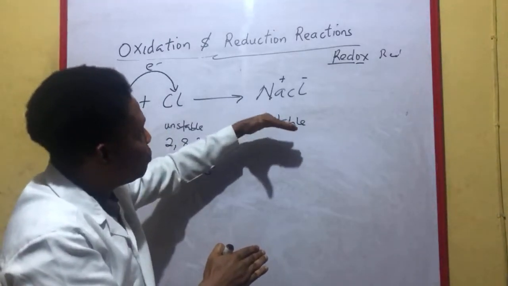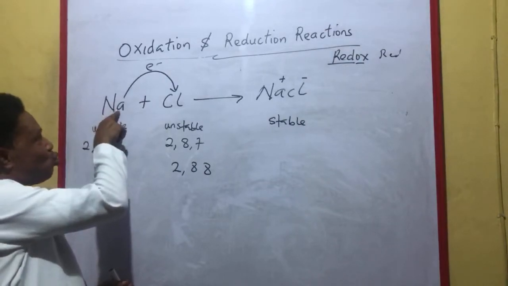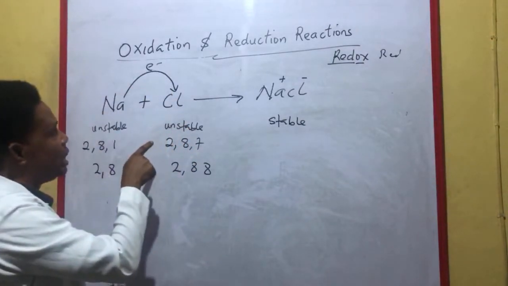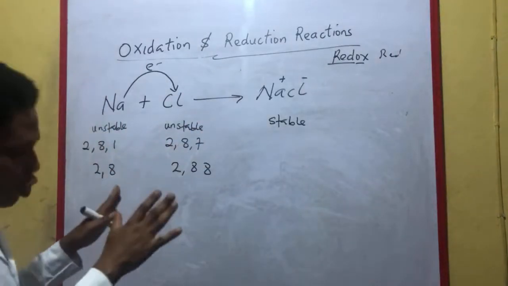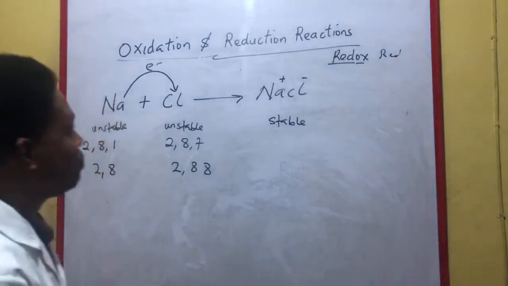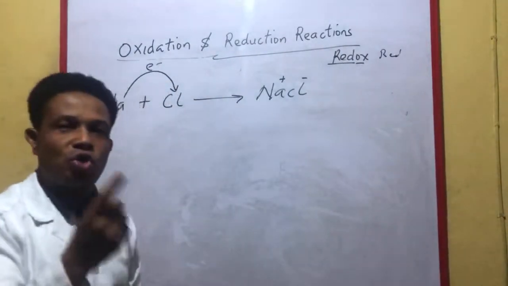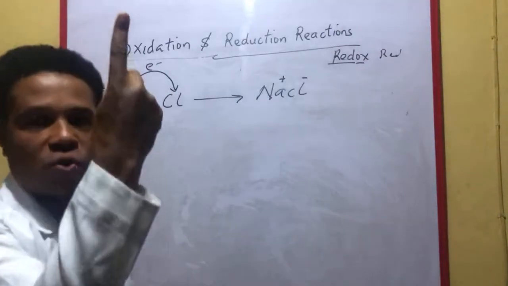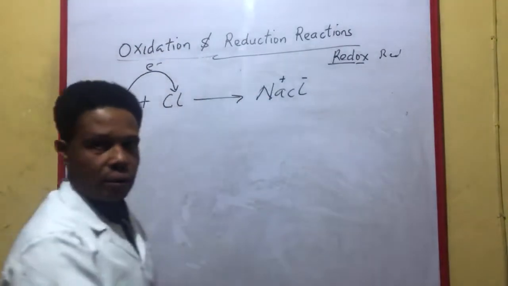Now, before stability, what happens? Electron is transferred from sodium to chlorine. Now, look at these species. Which of them is undergoing oxidation and which is undergoing reduction? Remember, I told you oxidation is the loss of electrons, while reduction is the gain of electrons.